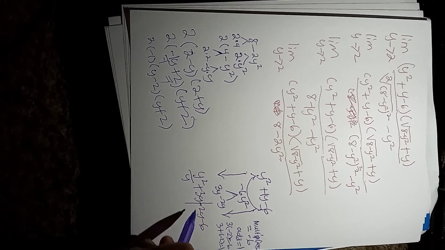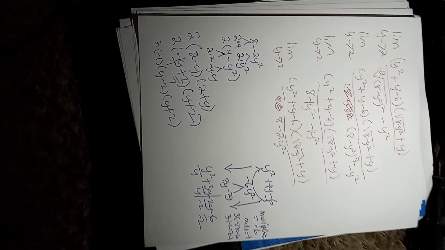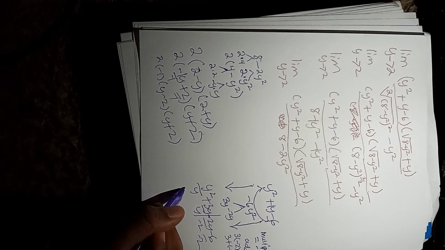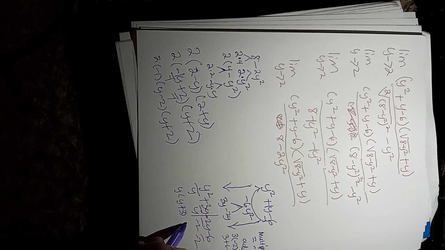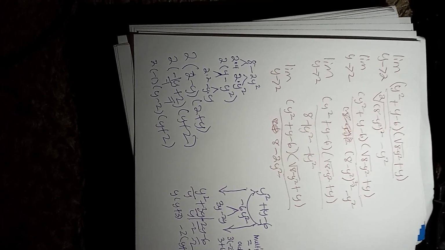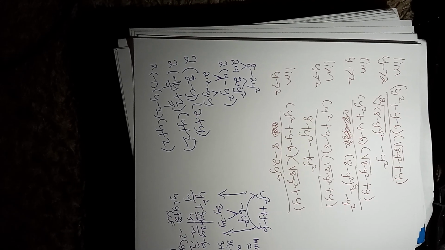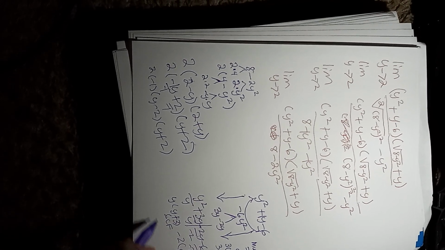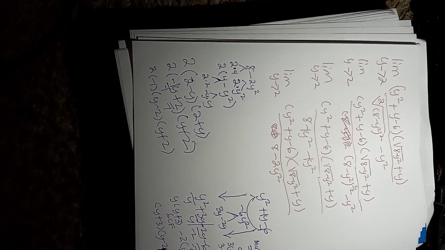This side has a y in common and negative 2 on the other side. So it's going to be y times y plus 3, and then negative 2 times y plus 3, and that is our GCF. So y plus 3 times y minus 2.